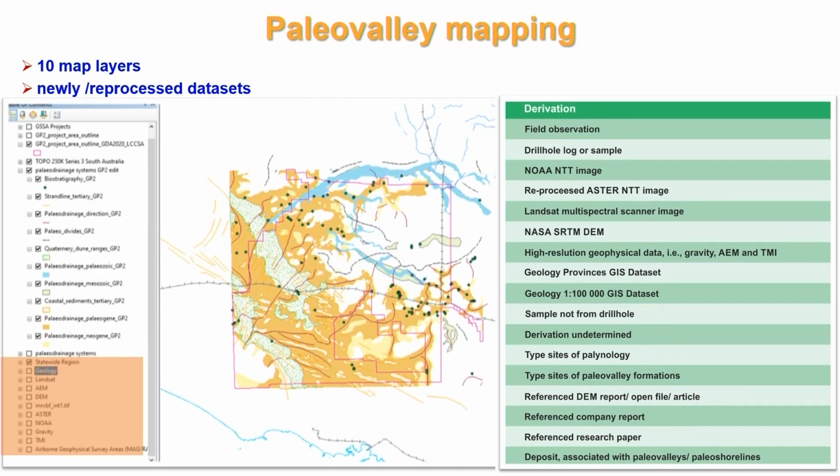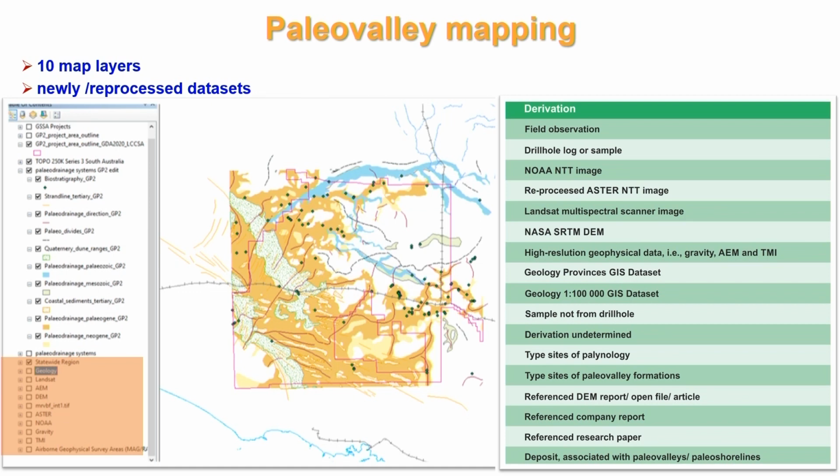Coming to GP2 paleo channel mapping, currently we got 10 layers of different mapping, for example, biostratigraphic points and different ages of the paleo channel mapping, like polygon, polyline, and water features and drainage divide.